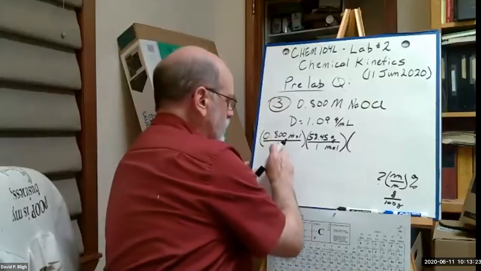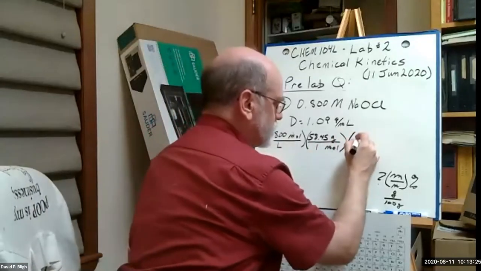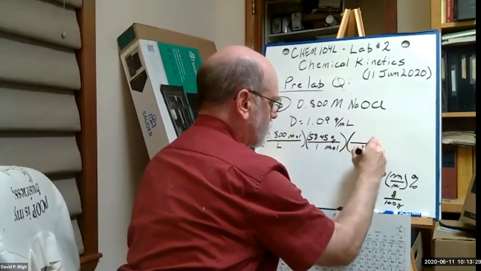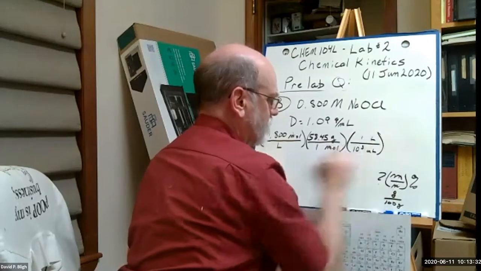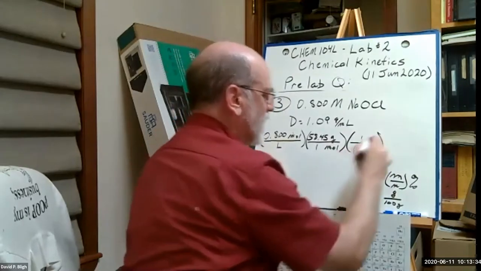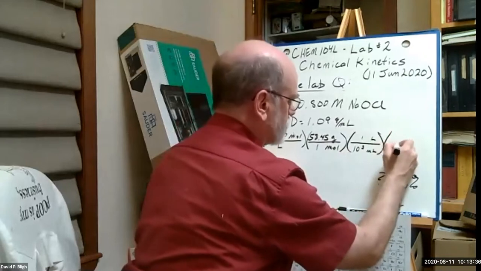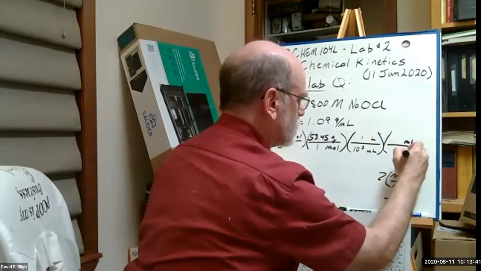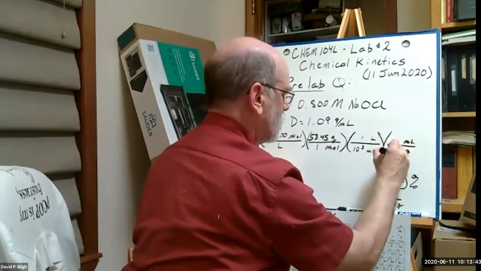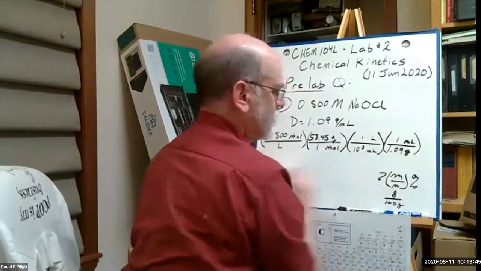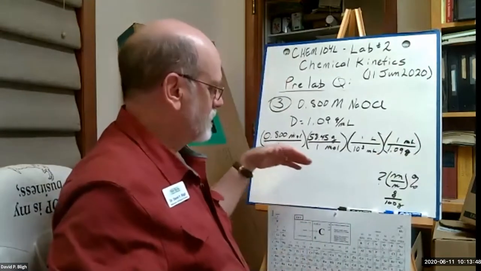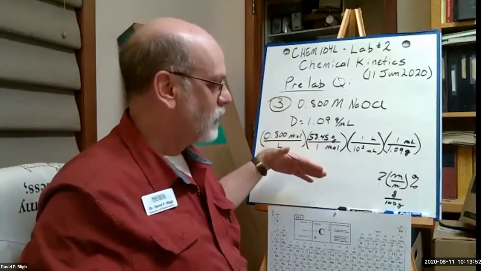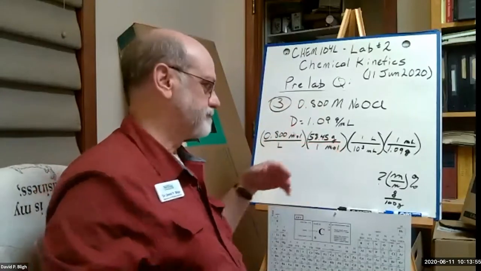So if we convert this to milliliters, and then we convert that to grams, milliliters to grams, then that's mass of sodium hypochlorite per gram of solution, but we want 100 grams.